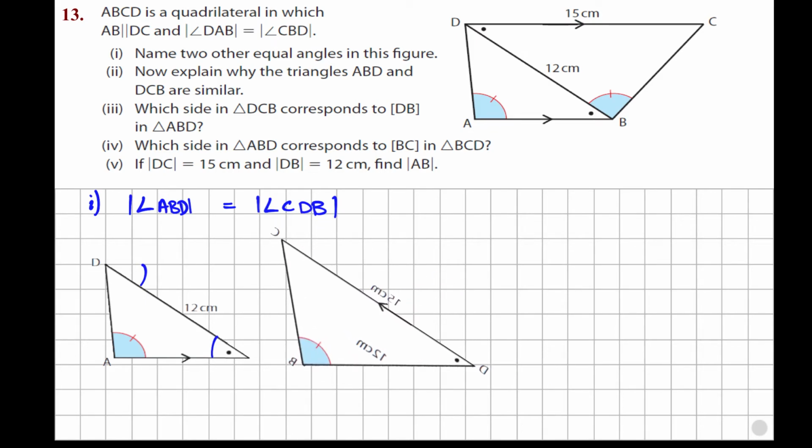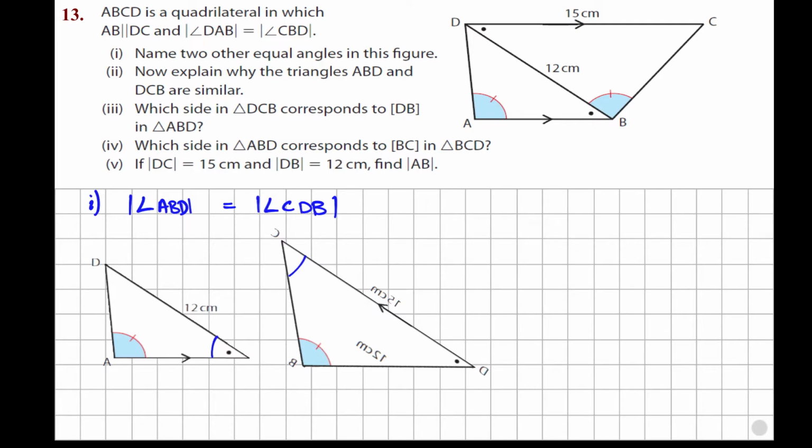So you can see there how those two triangles are going to be similar, because this angle here will be equal to this angle here. This angle here will be equal to this angle here. So obviously this angle here will be equal to this angle here, and the reason why I'm saying obviously is because angles in a triangle add up to 180 degrees.